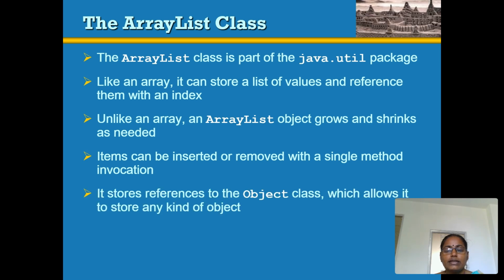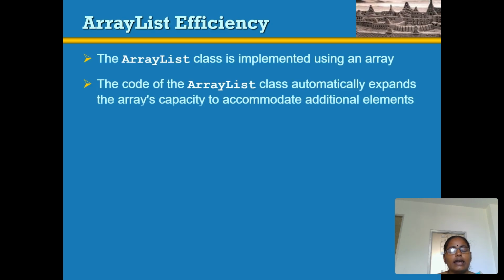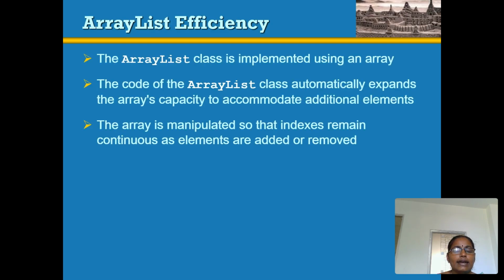ArrayList creates objects that grow and shrink as needed, and elements can be inserted or removed with a single method invocation. The ArrayList class allows us to store any kind of object.